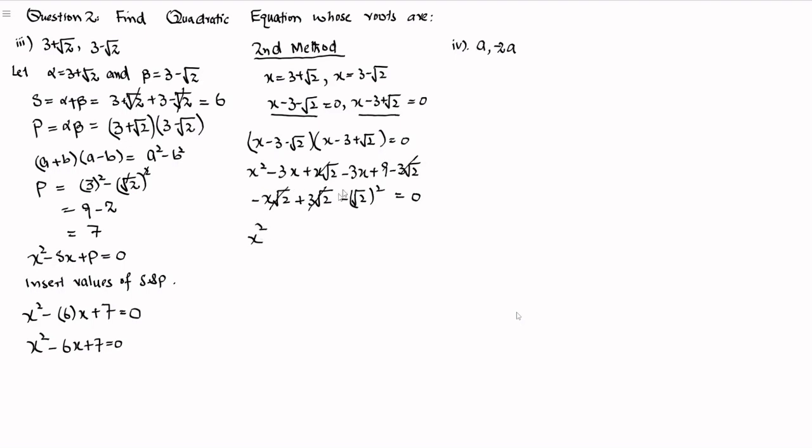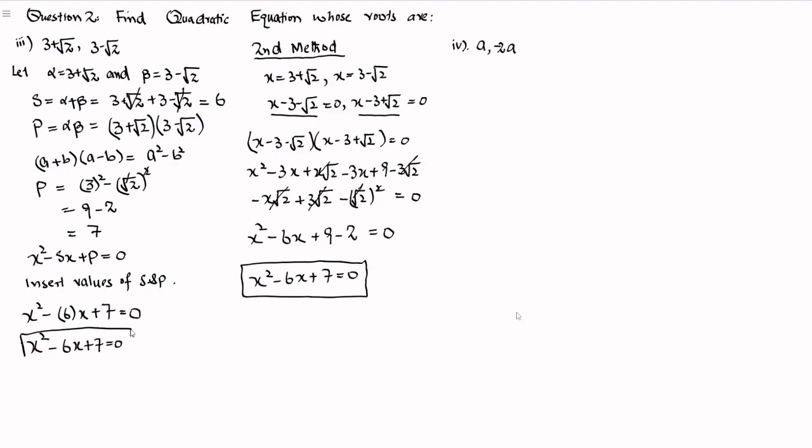Minus 3x minus 3x is minus 6x, and we have 9, and the square cancels out with the square root, so we have minus 2 is equal to 0. So x square minus 6x plus 7 is equal to 0. This is the required equation, which is equal to the equation derived using the first method.